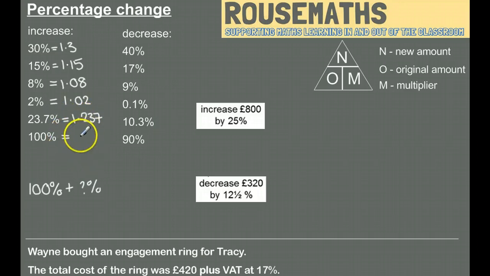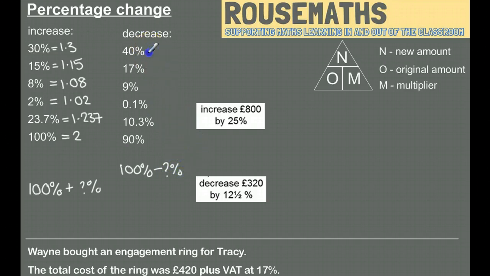And if we were looking for a 100% increase, that would essentially double the amount. So these are the multipliers we would use if we identified it as an increase question with these percentages increasing. Now, if we do a decrease, that means we're going to take our original amount and we're going to take away the percentage.